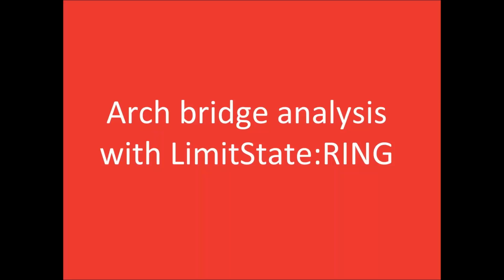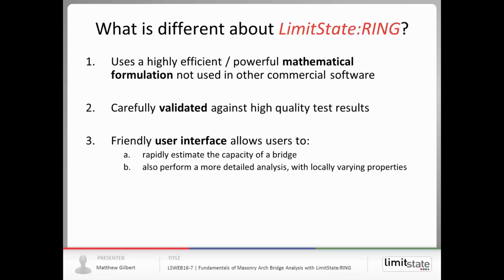Okay, so moving on to how we perform a bridge analysis using LimitState RING, and also just say a few words about LimitState RING. Why is it, how is it different? What's different about it compared with other tools? Key differentiator is that we're using a mathematical formulation which is not used in other tools.